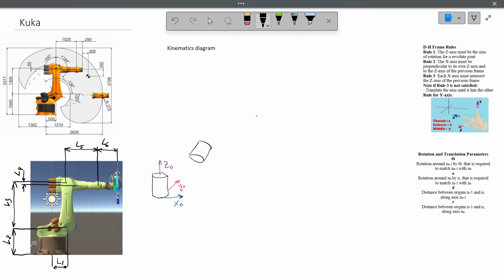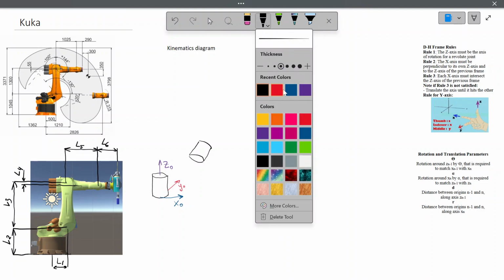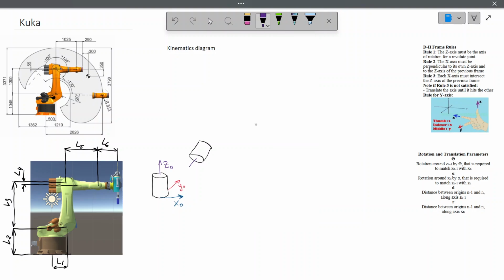Again, take a look at our rules. The z-axis must be the axis of rotation. So we can draw it this way or this way. We select which one we want. So this will be Z1.